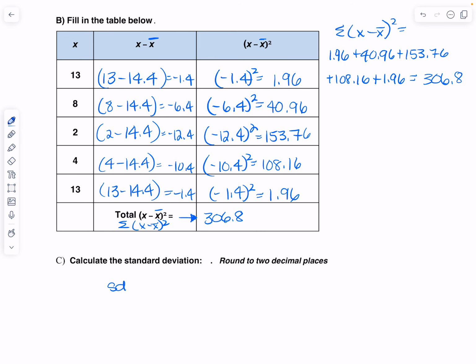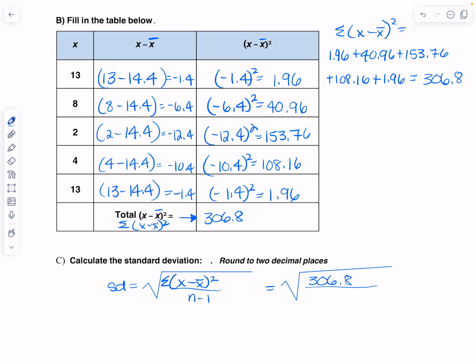Now calculate the standard deviation. So standard deviation equals the square root of the sum of x minus x bar squared all over n minus 1. And remember, we're summing that. Okay, so the summation of x minus x bar squared is 306.8.